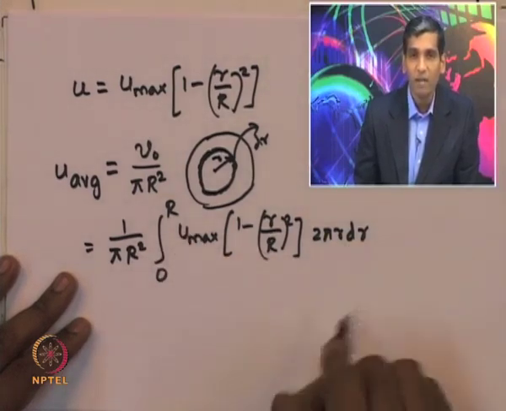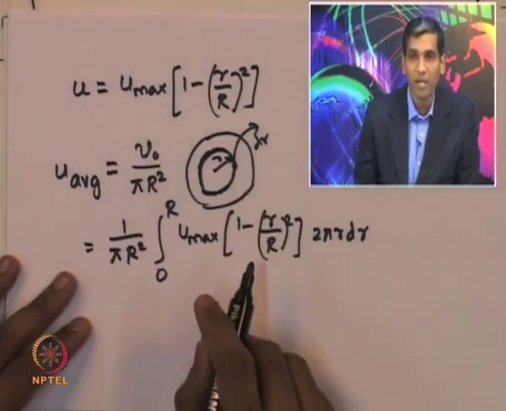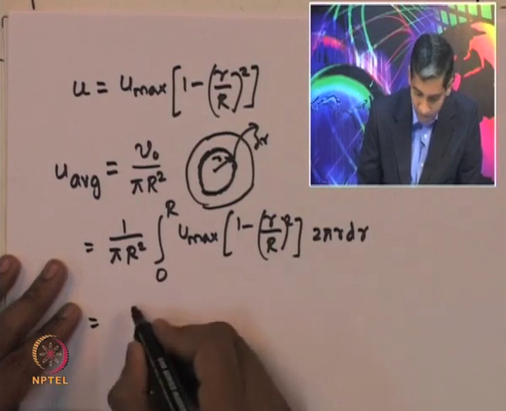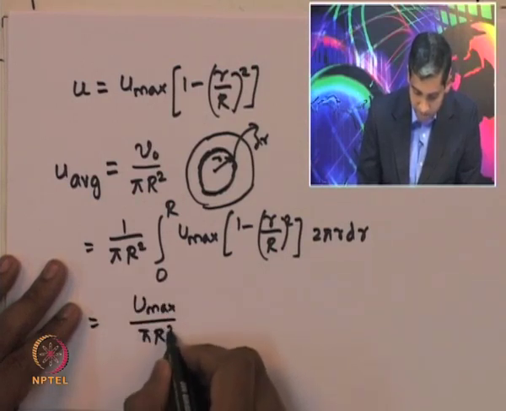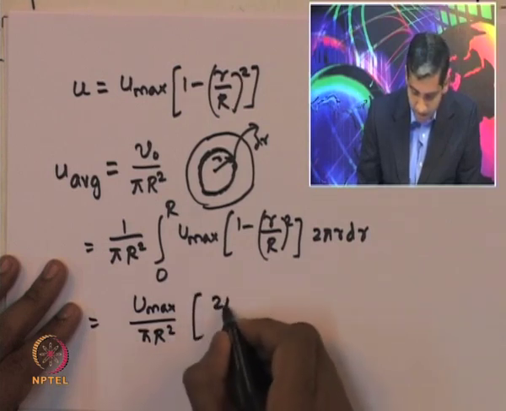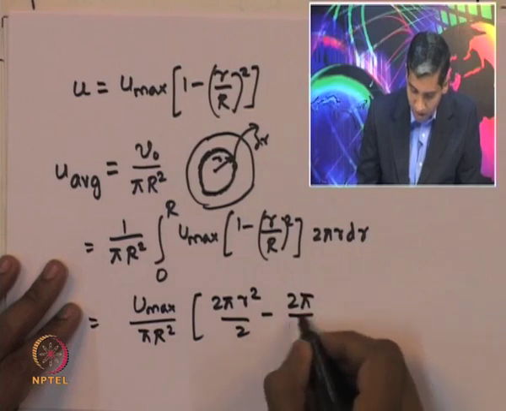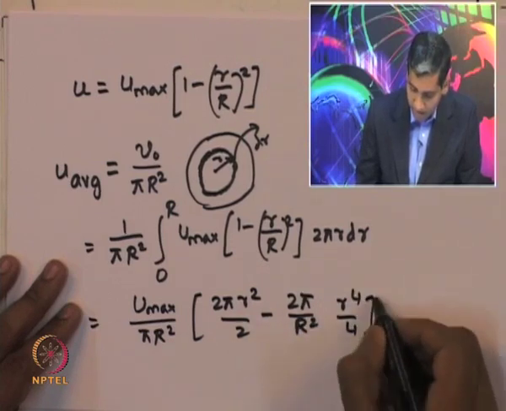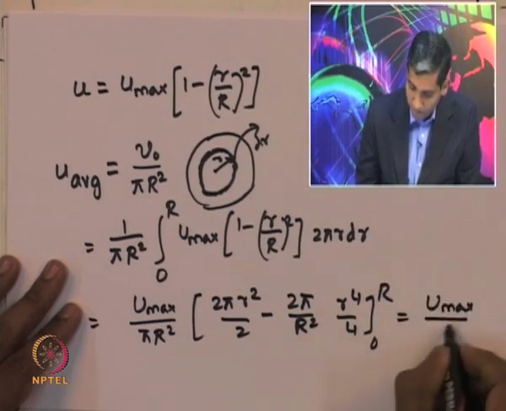So, that gives the volumetric flow rate at that cross section, and pi r square is the corresponding area at that cross section. So, integrating this expression, we will find that it will be equal to u max by pi r square multiplied by 2 pi r square by 2 minus 2 pi by r square into r power 4 by 4, with limits 0 to r, and that is equal to u max by 2.